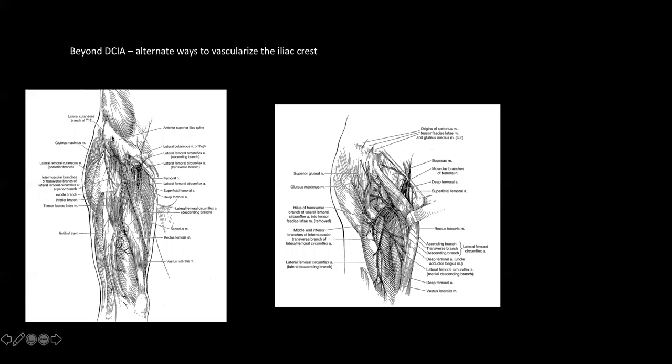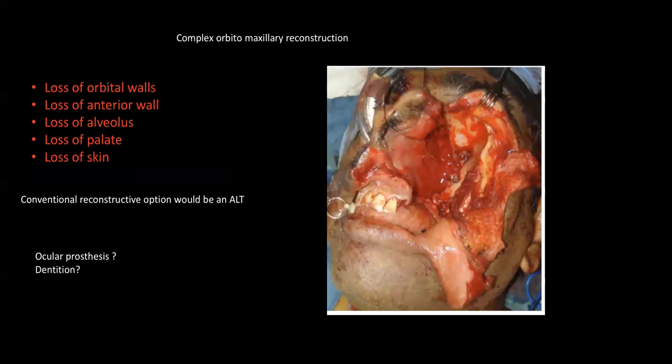You can get about 2 to 3 centimeters of bone based on the attachment of the tensor fasciae latae muscle. So you don't need to take the DCIA pedicle, you don't need to violate the abdominal wall, and you don't need to dissect the DCIA vessels. By using the TFL attachment to the iliac crest, you can get a vascularized iliac crest for reconstruction.